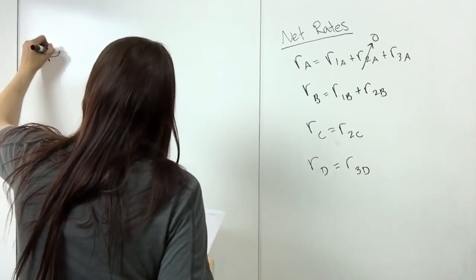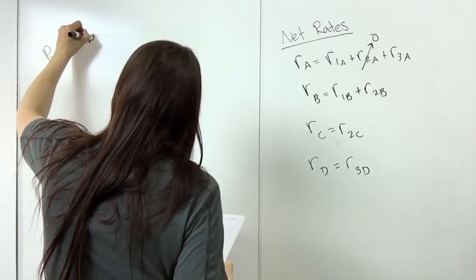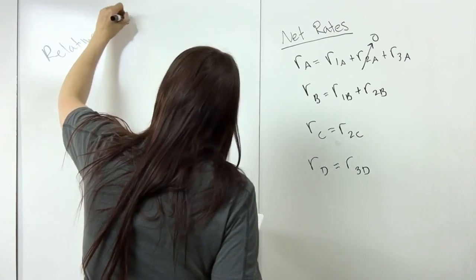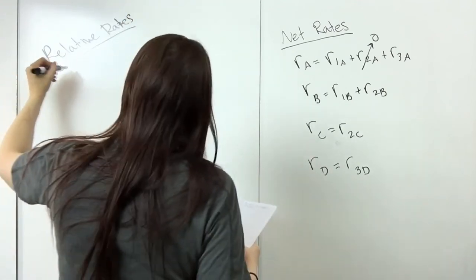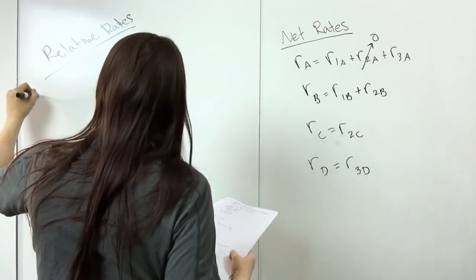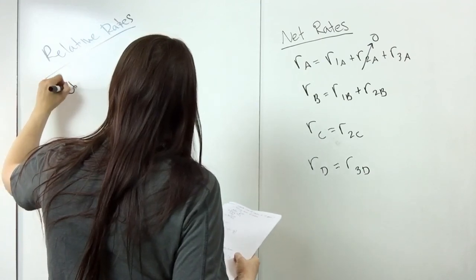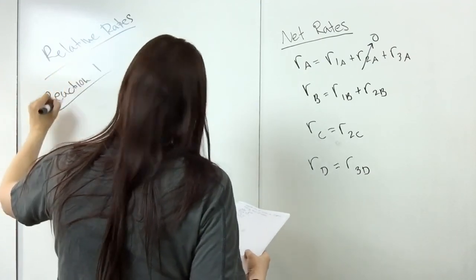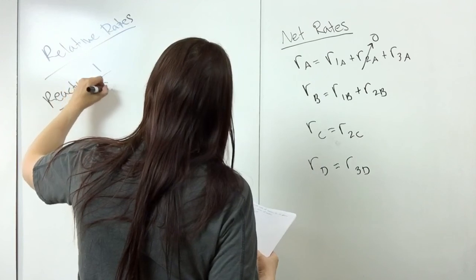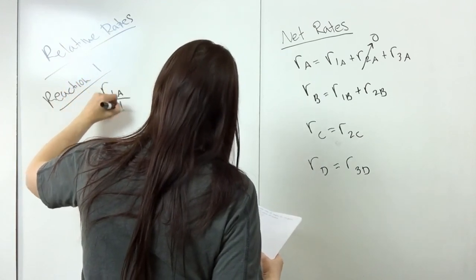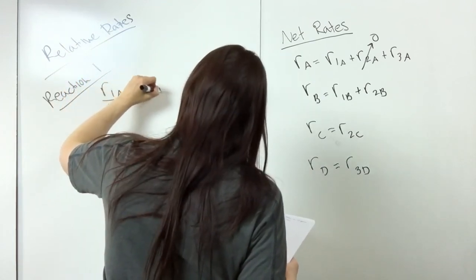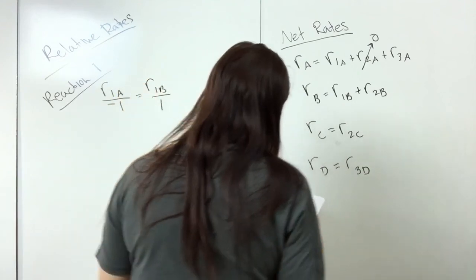So relative rates. For reaction 1, we have R1A over minus 1 is equal to R1B over 1.